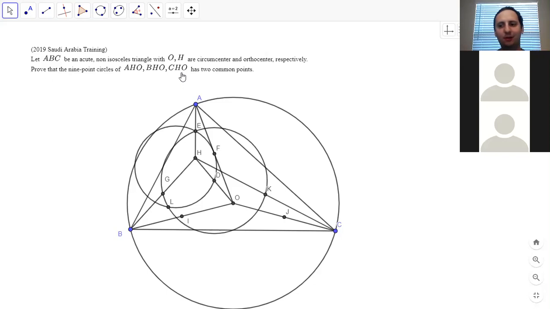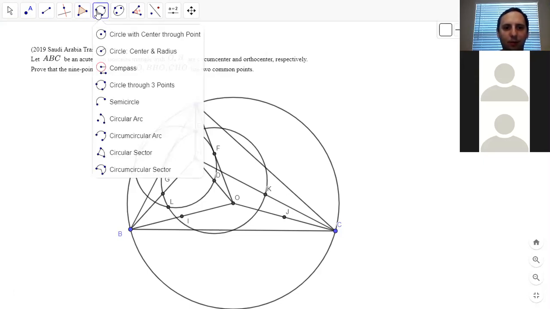So yeah, we just started. So this problem, it looks like it has a simple statement. So you just have a triangle ABC, and O and H are the orthocenter and the circumcenter. And then you take the 9-point circles of AHO, BHO, and CHO, and they all meet at 2 points. So they're like coaxial. That's what we have to prove.